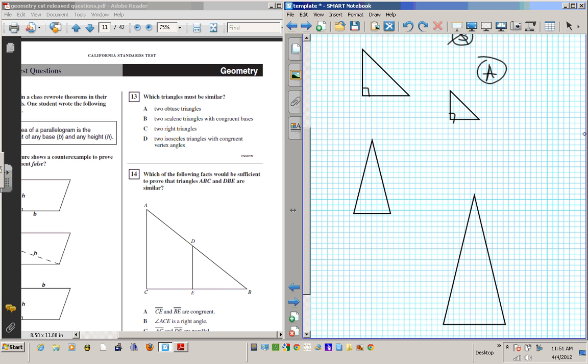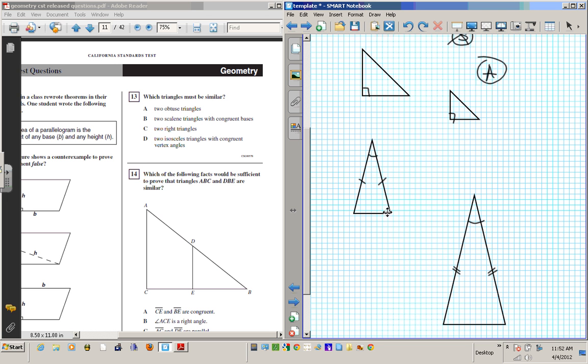You're told that they are isosceles. That means this side is congruent to that side, and this side is congruent to this side. You're told that the vertex angles are congruent. These are the vertex angles for an isosceles triangle. This angle is congruent to this angle.